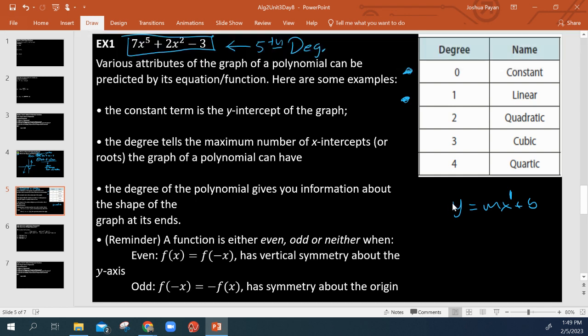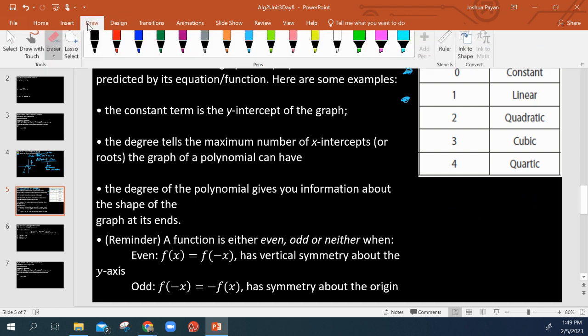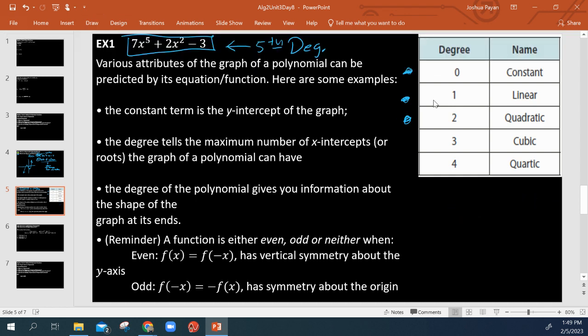If it's a second degree polynomial, we know it's quadratic, duh. Third degree is cubic, fourth degree is quartic, fifth degree would be quintic, and so on and so on. Not that big a deal to know that stuff. All this stuff down here, we know all of this as well. We've studied it already previously.